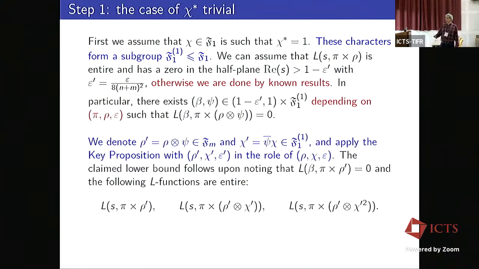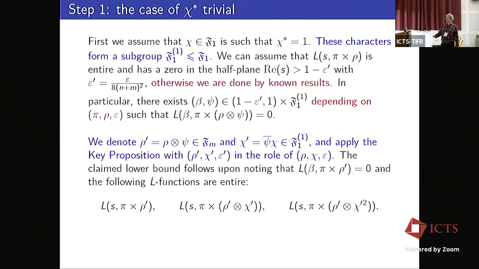And now we observe that the key proposition is applicable because all these three L-functions are entire. Let's see why. All these L-functions are actually just shifts of the original function that was already assumed to be entire. So no funny business with poles here. This middle guy is actually our original twisted Rankin-Selberg function.